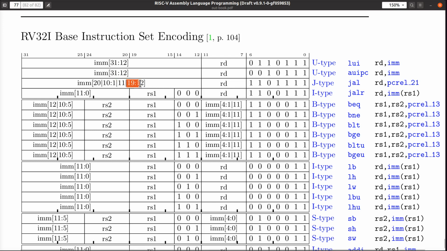These bits 19 down to 12 turn out to be in the same exact place as they are in this instruction up here. All right? If this is 12, 13, 14, 15, 16, 17, 18, 19, and so on in there, that turns out it's the same place as they are in this guy up here in the U type. All right?